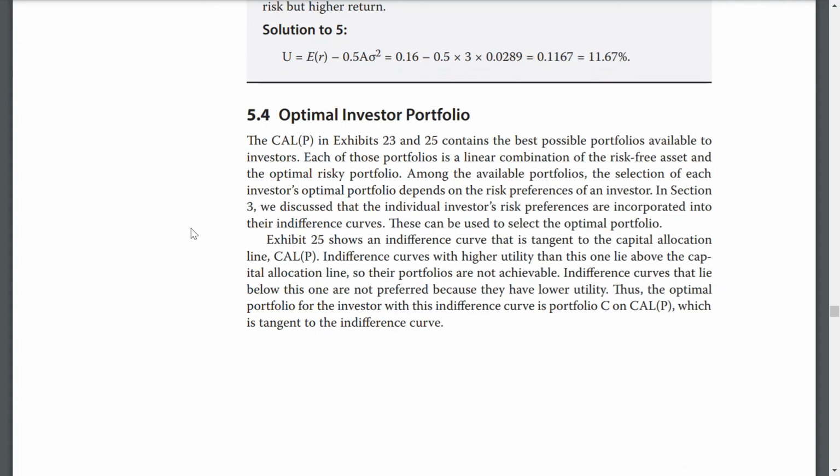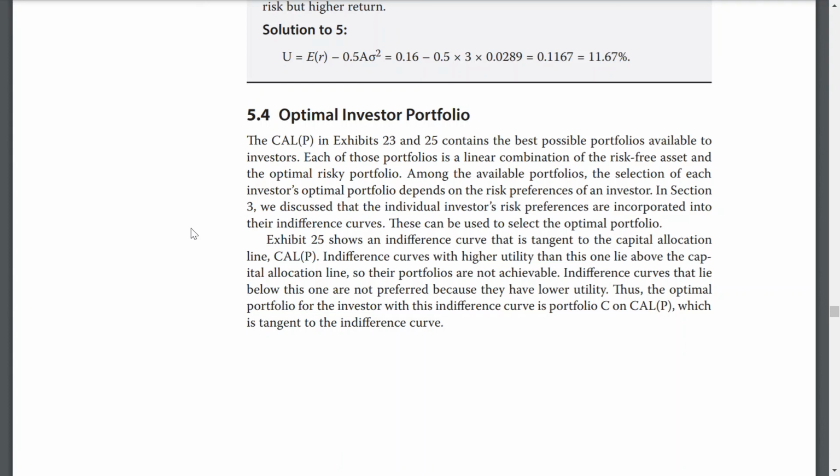In Section 3, we discussed that the individual investor's risk preferences are incorporated into their indifference curves. Those can be used to select the optimal portfolio. Exhibit 25 shows an indifference curve that is tangent to the capital allocation line, CAL P. Indifference curves with higher utility than this one lie above the capital allocation line, so their portfolios are not achievable.